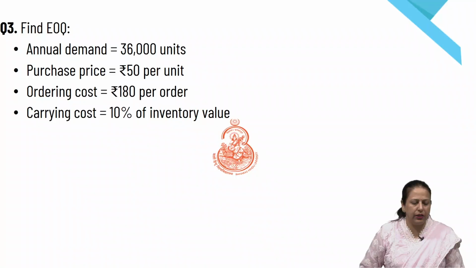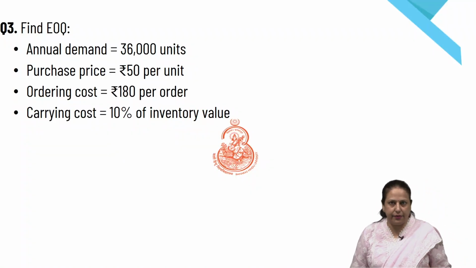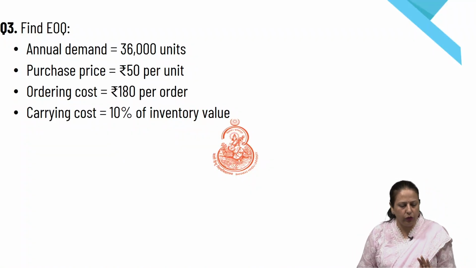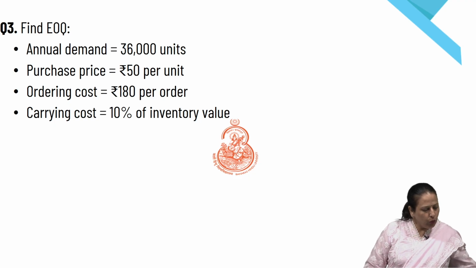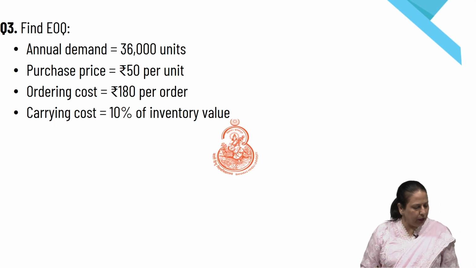As in the last lecture also, I have given you one question for practice. Similarly, this question is there for you to practice yourself, in which I am providing you with the information of annual demand, purchase price, ordering cost, but the carrying cost is given as just 10% of the inventory value. So, to help you out, I am helping you calculate just the carrying cost.